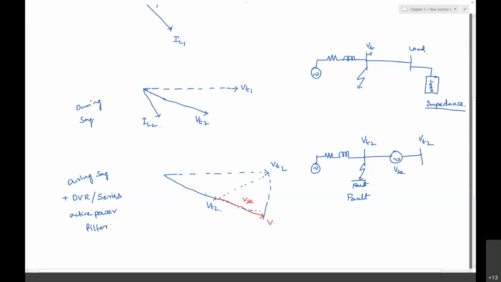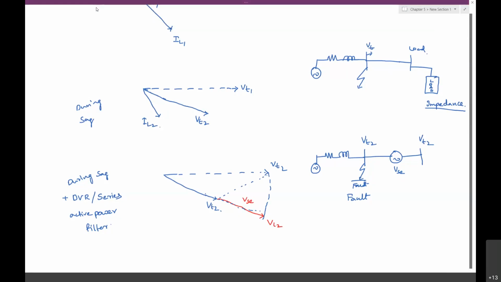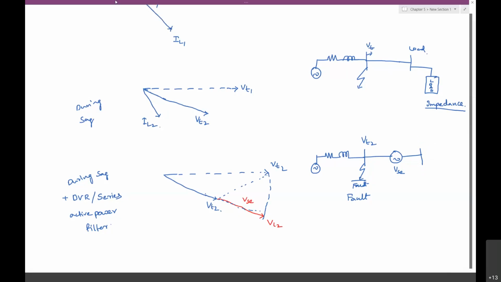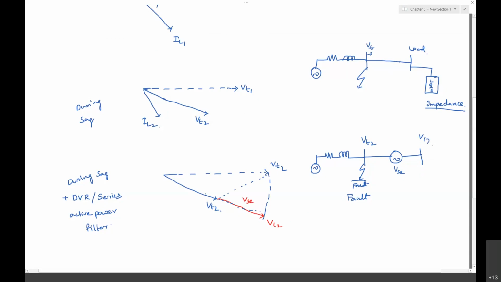Now it has come to VL2, which is the load voltage, at this particular point.